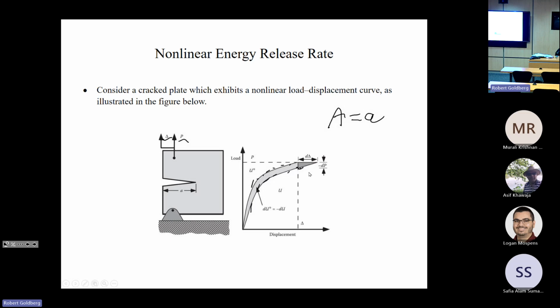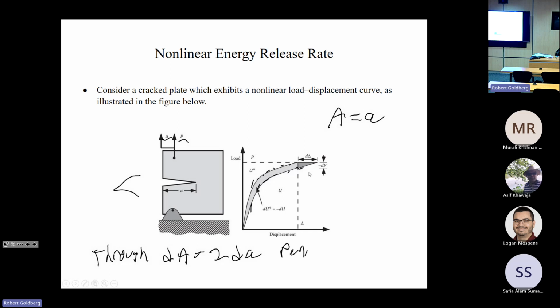So for a through crack, the increment in area is 2 times the increment in the crack length to account for the fact that you have cracks on the left end, and then you'd also have cracks at the right end.